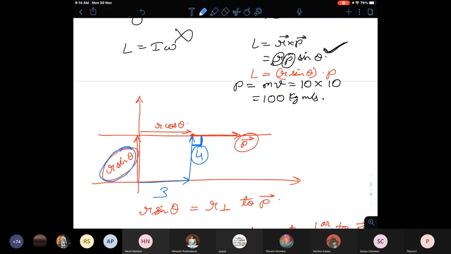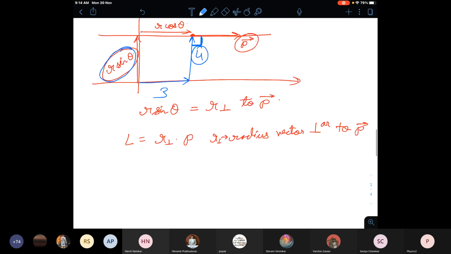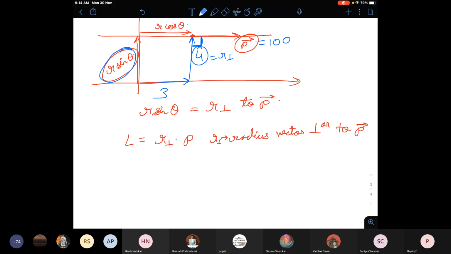So without even calculating sine theta, I would directly say that r perpendicular in this case is 4. Momentum you have calculated as 100. So angular momentum will be 4 into 100, that is 400 kg meter square per second. Is this clear?